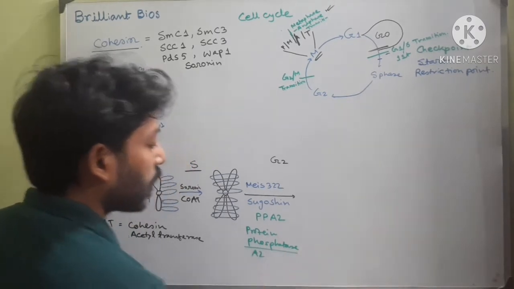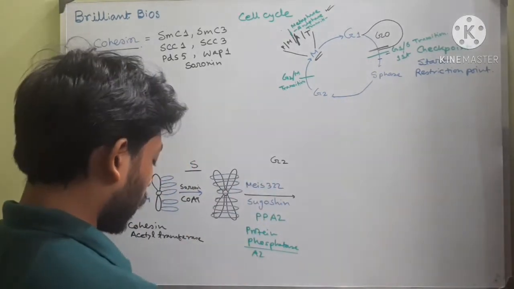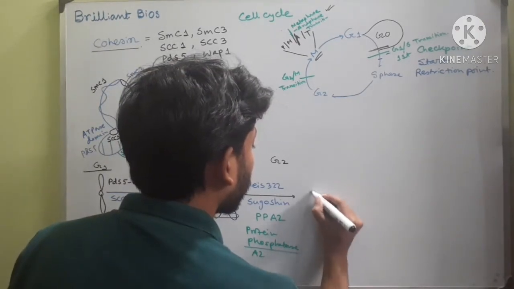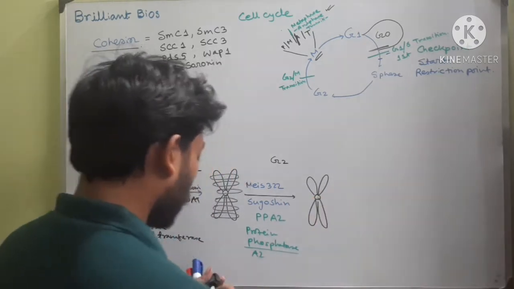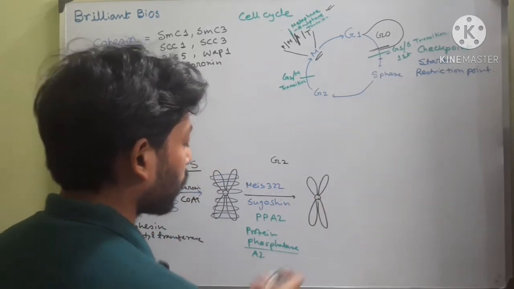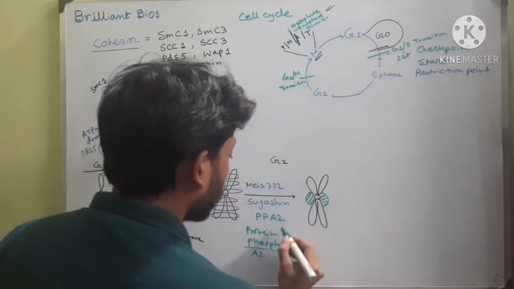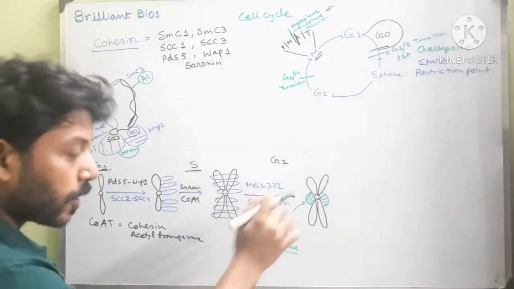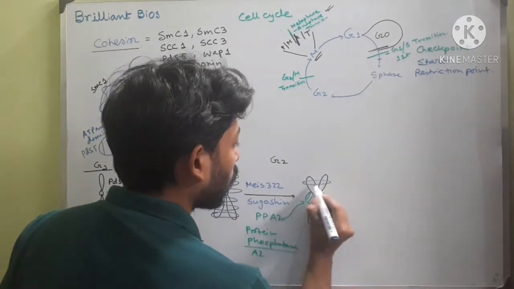You can see here it is an enzyme. These two proteins recruit this enzyme to the centromeric region. PP2A is recruited in this region, and the cohesin is also present throughout the chromosome surrounding the sister chromatids.